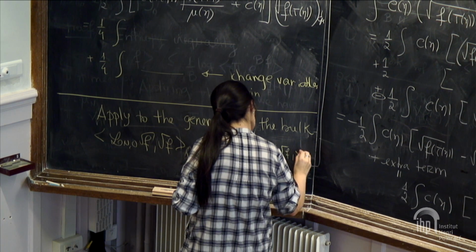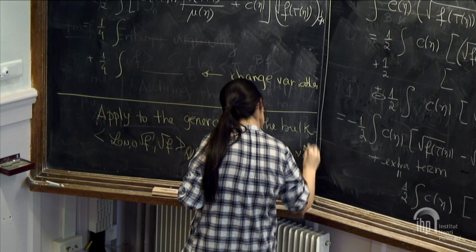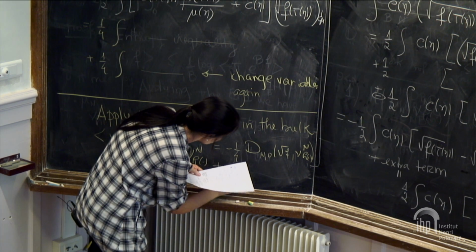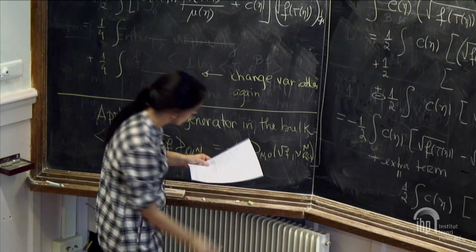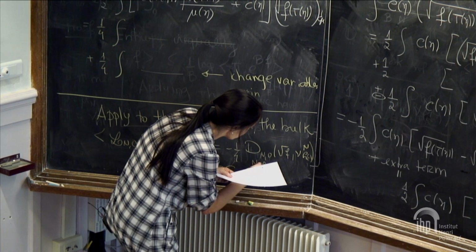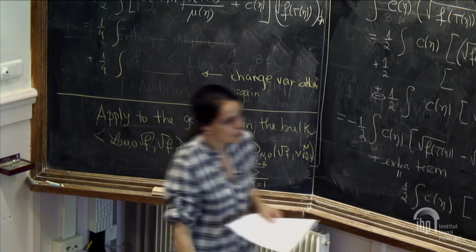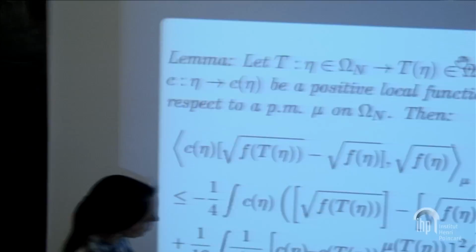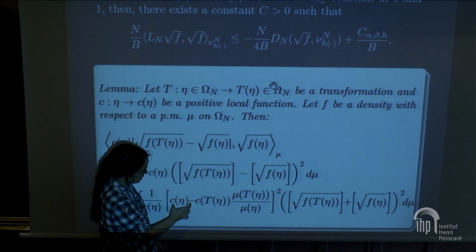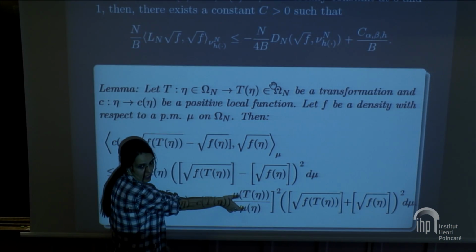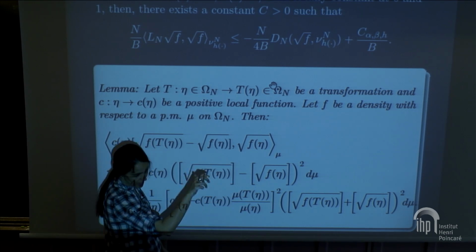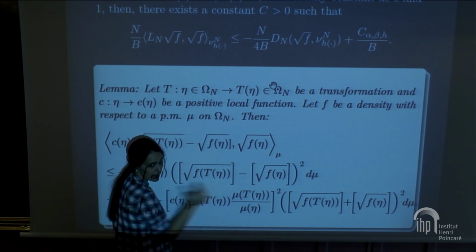Plus a constant C alpha beta times the sum of x from 1 to n minus 2. And if you do the computation, the only exercise to do is that in the case where you have the bulk, this C is equal to 1. So the only thing you have to compute is what you pay when you replace the eta by eta x plus 1 with respect to that measure.